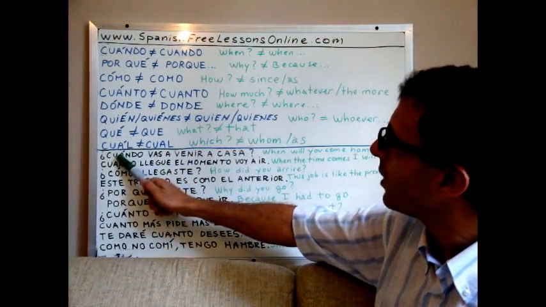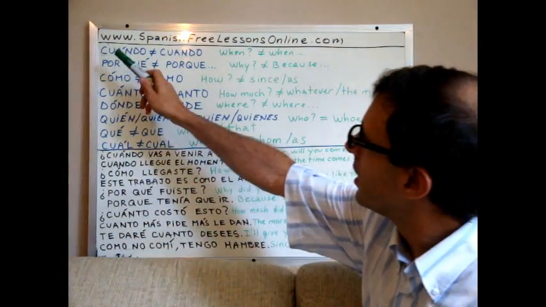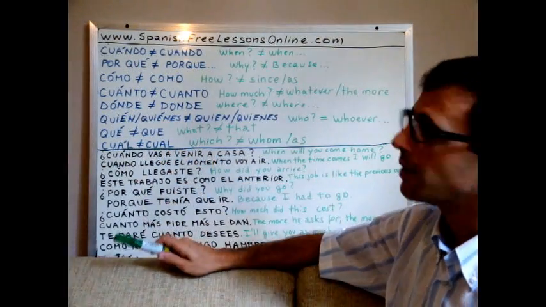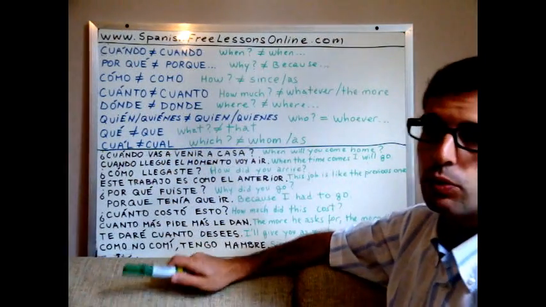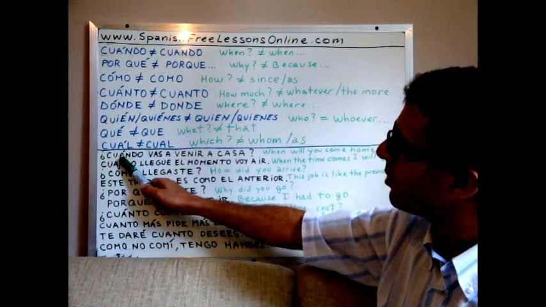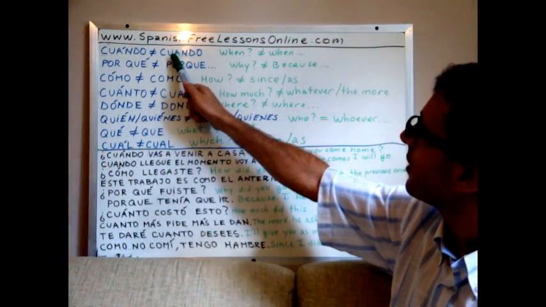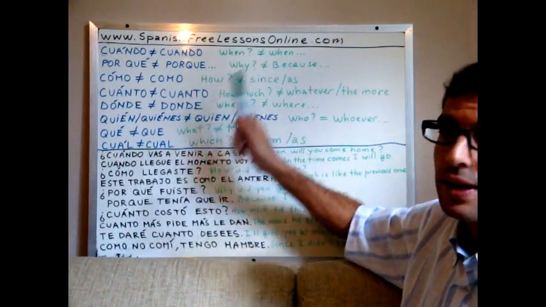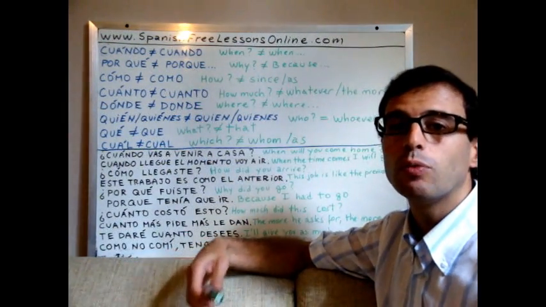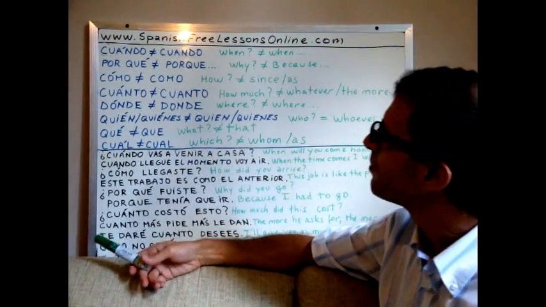Here the word cuándo is the first one. You see, with the tilde, it means when. Inquisition. The second case, cuando without the tilde, means when we give information, when we are answering, not the interrogation.